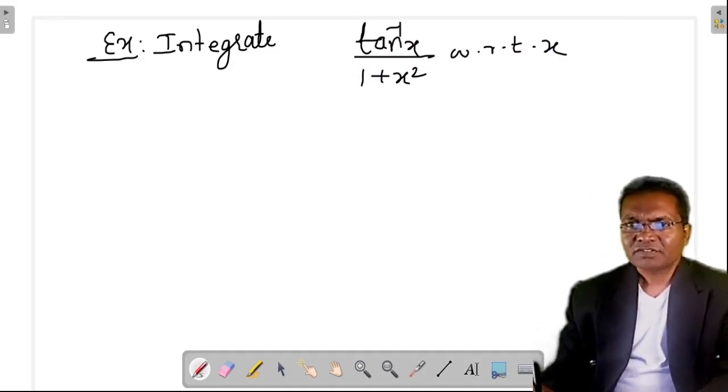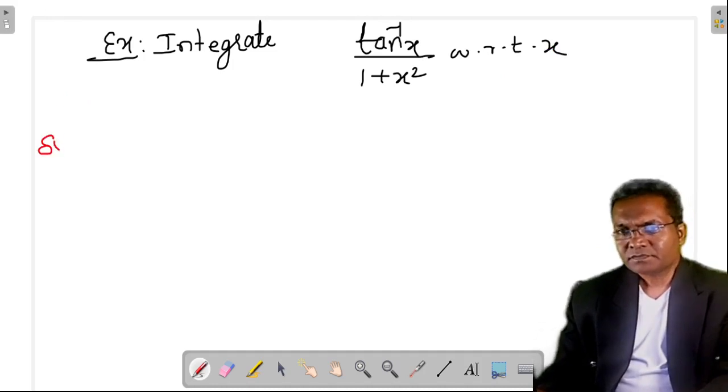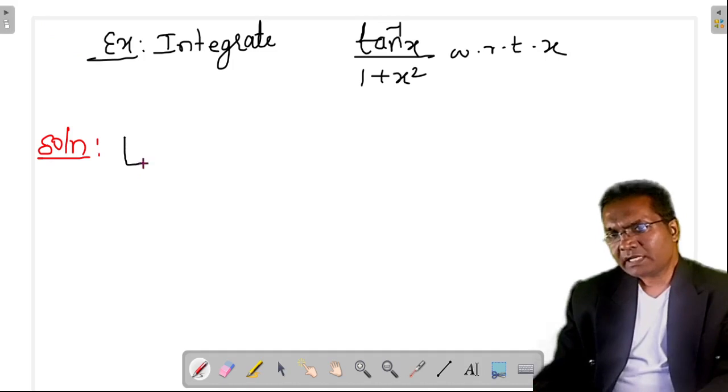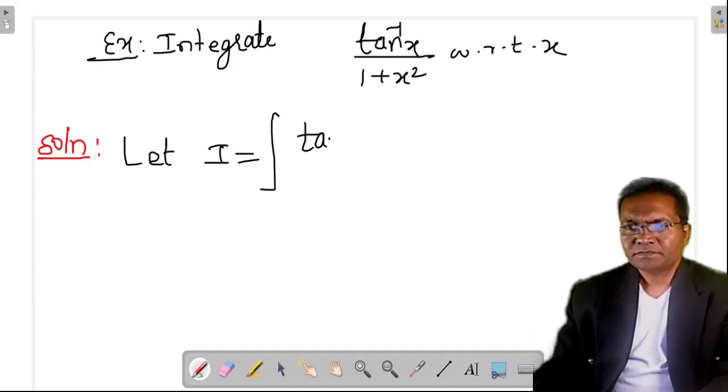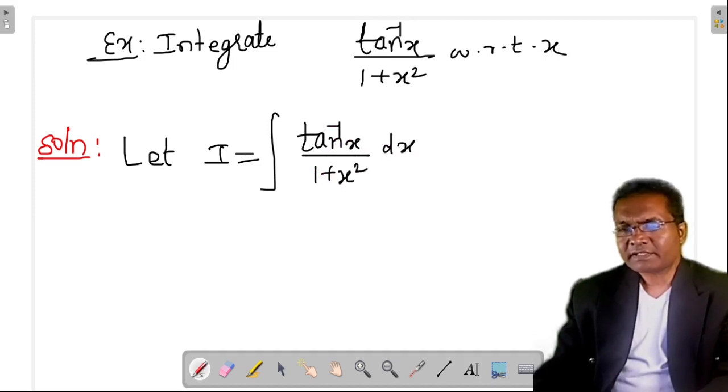Okay, so let I is equal to the integration of tan inverse x by 1 plus x square dx.